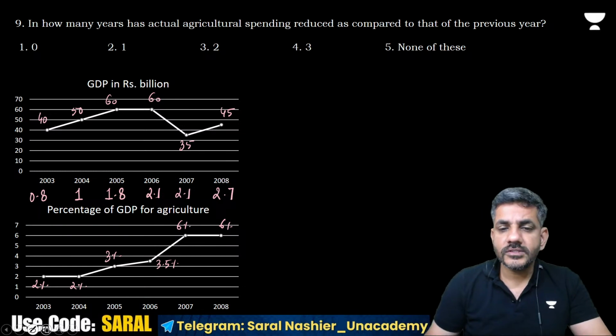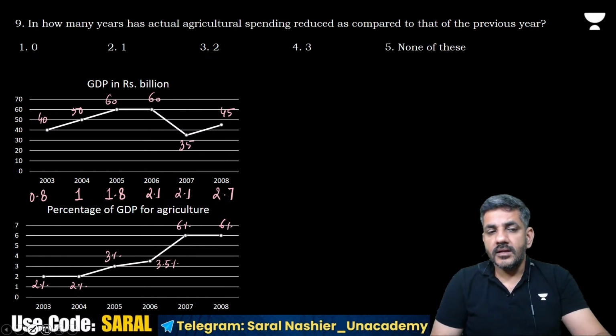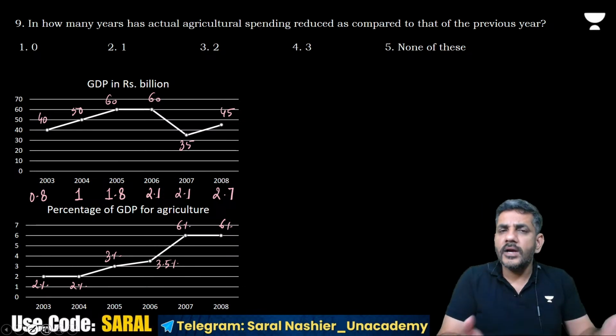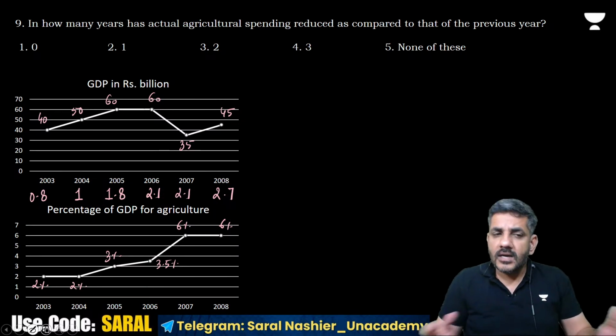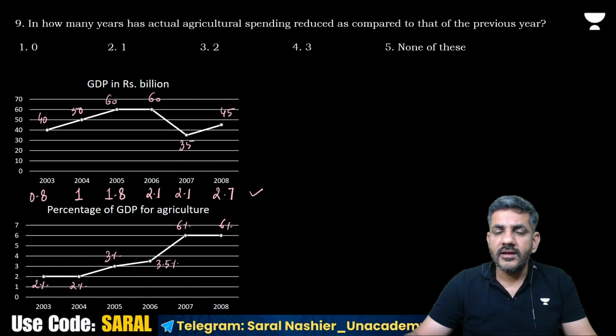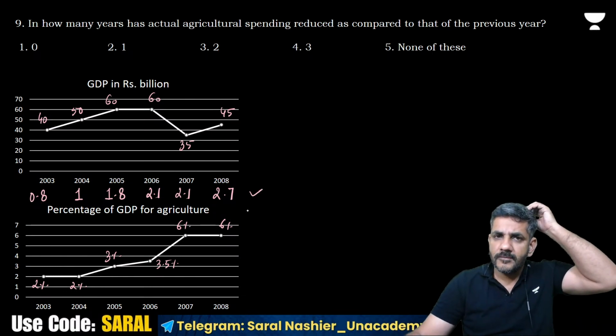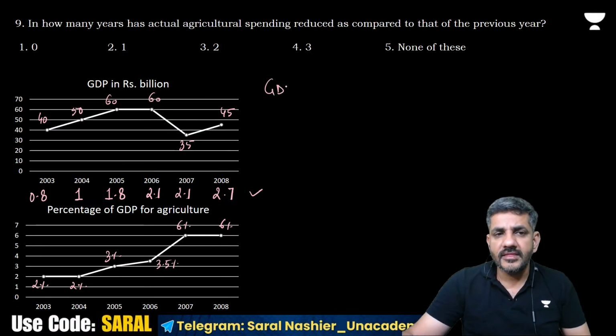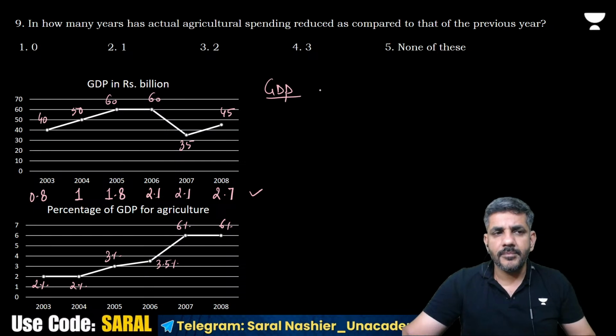But I also see one thing over here: once I have calculated these values, why do I need the graph now? Can't I do all my upcoming questions using this data only? Now I don't need the graph anymore. I can just make a table. The GDP in the first year is 40, then 50, then 60, then 60, then 35, then 45.